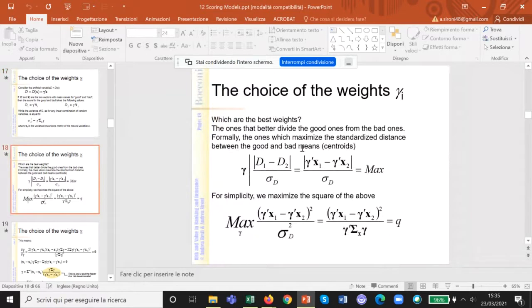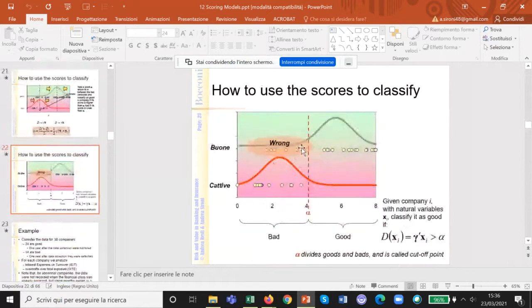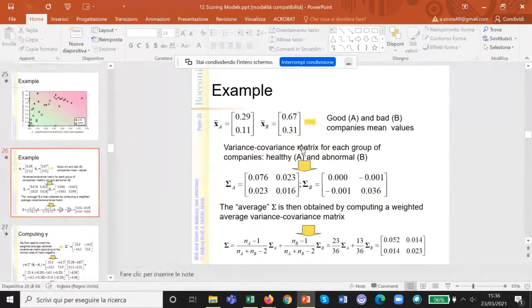It is a different technique, which is based on this methodology that we just described, i.e. to find out what kind of linear combination of those variables best discriminates between good and bad companies. It's a different kind of idea, it's a different kind of model, but it's very common out there.